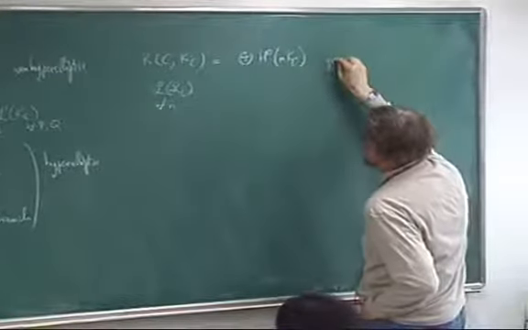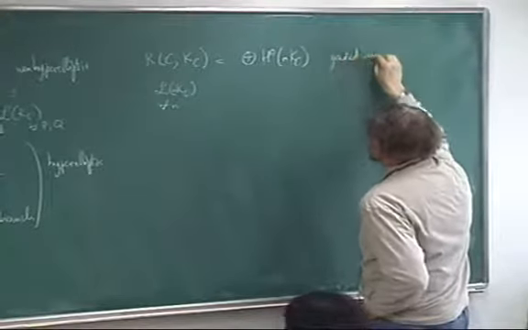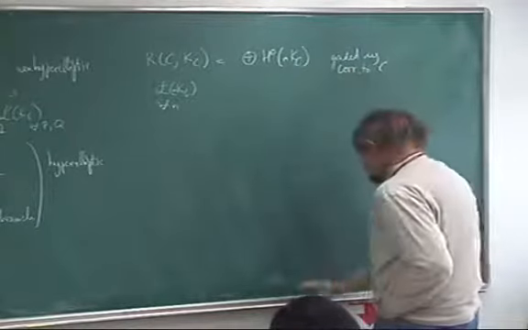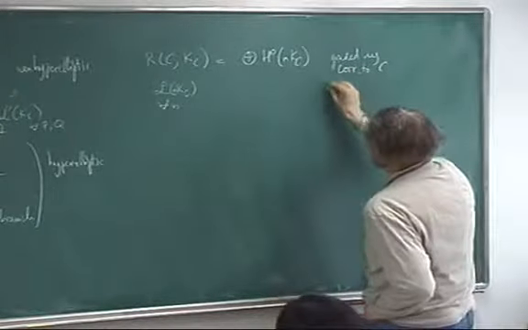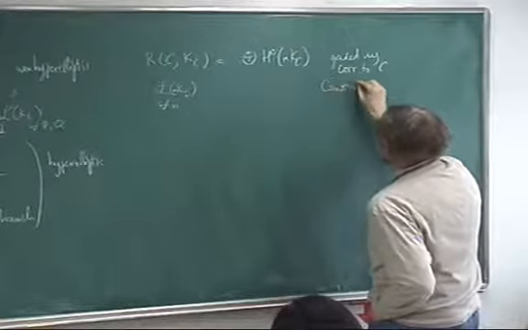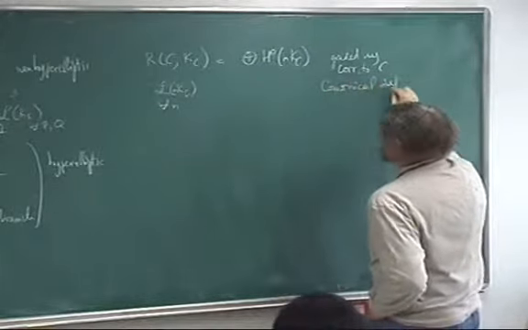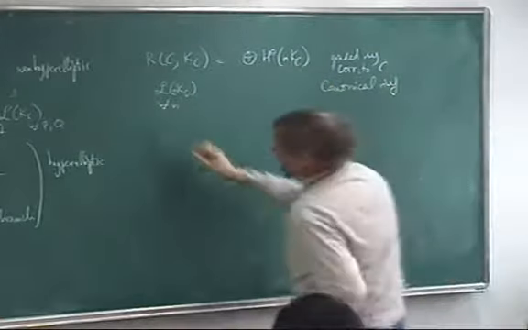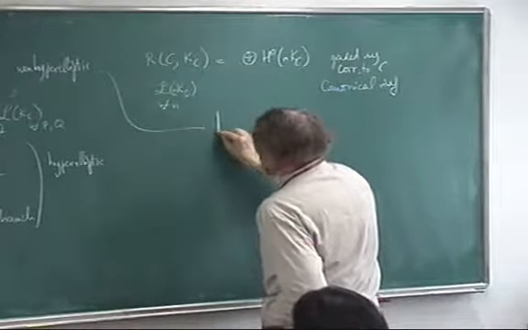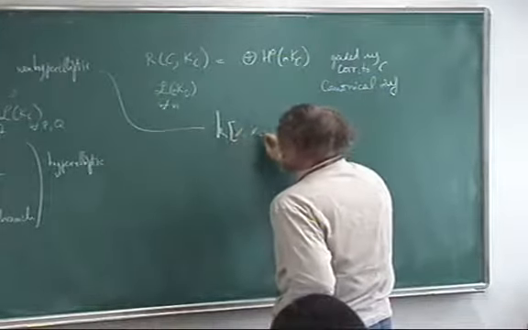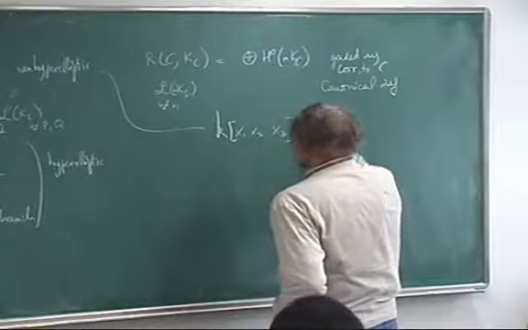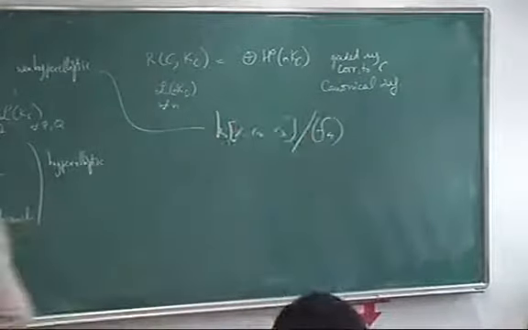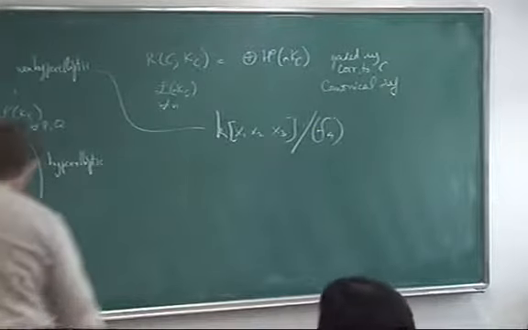So this is the graded ring corresponding to C. It's also called the canonical ring, because this is the canonical class. So in this case it's k[x1, x2, x3] divided by F4, where x1, x2, x3 are the same as F0, F1, F2.